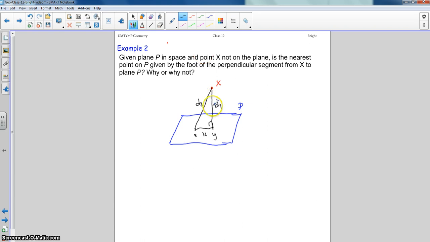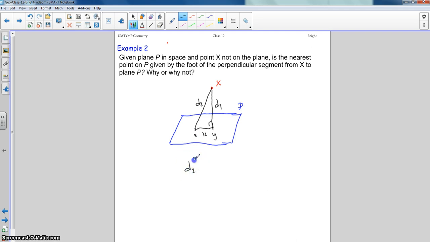I want to determine a relationship between d1 and d2 and see which one's bigger. Fortunately, this is a right triangle, and almost by inspection, since d2 is the hypotenuse, d1 is going to be less than d2, and I think that's enough justification here. But if you want, you can also set up the Pythagorean theorem.